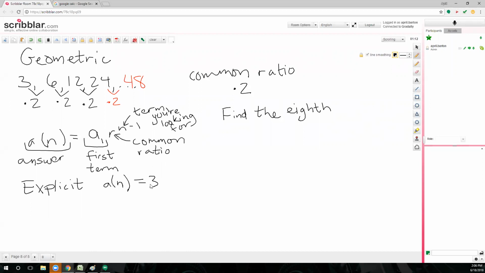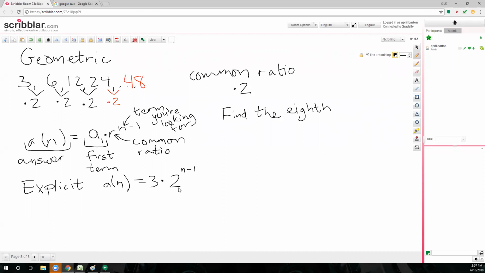The very first number written is considered to be the first term. And then technically this is multiply. It's not usually written in the formula. I like to add it in just so I remember every time this is multiply. We found the common ratio is 2.